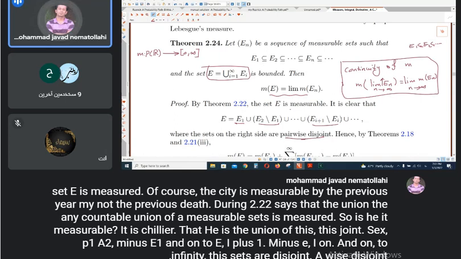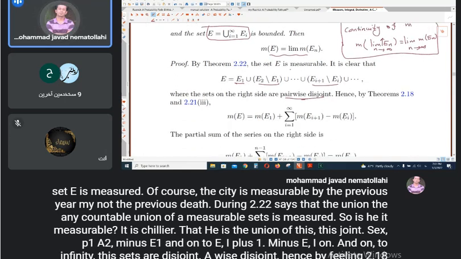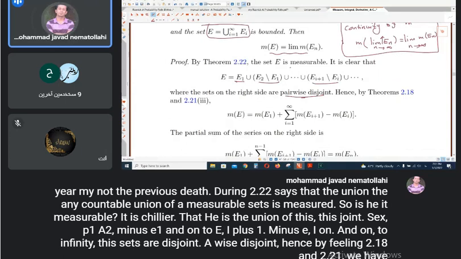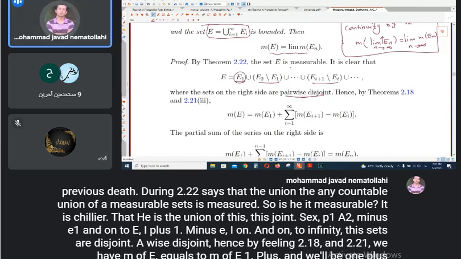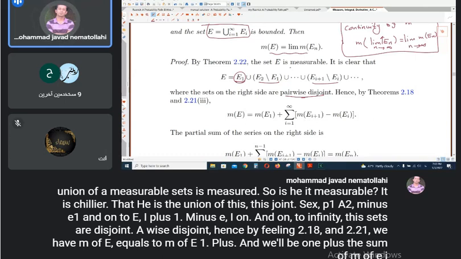Hence, by theorems 2.18 and 2.21, we have M of E equals M of E_1 plus the sum of M of E_{i+1} minus M of E_i, where i comes from 1 to infinity.